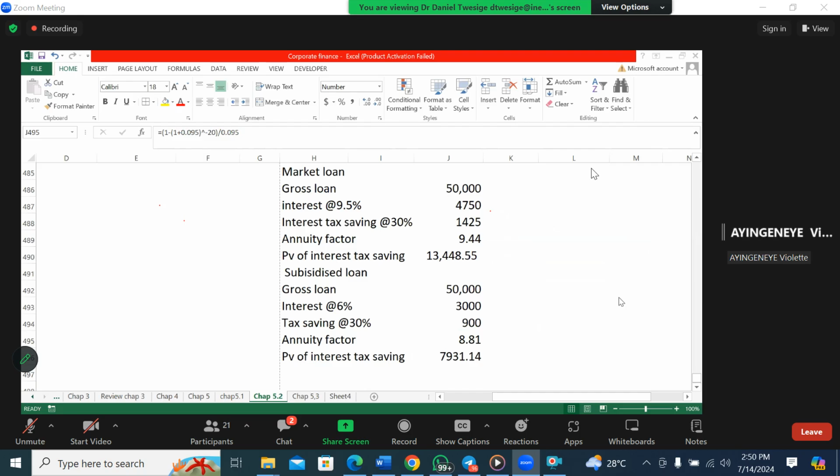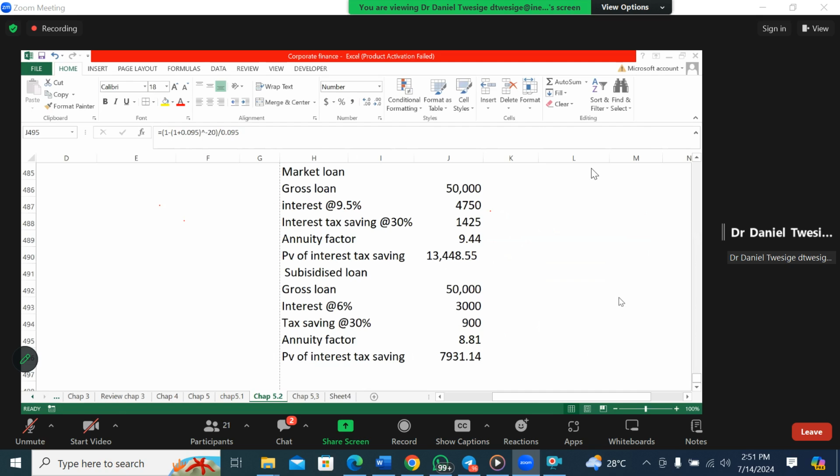For 20 years, as they said that the loan is paid in 20 years. That's what I'm thinking also. The loan will be paid in 20 years at an interest rate of 6% per year. So that's what I'm thinking, but you can cross-check how the examiner made it. But if it is me, there's no way I can accrue that for 25 years, because the benefit of this loan stops in 20 years.